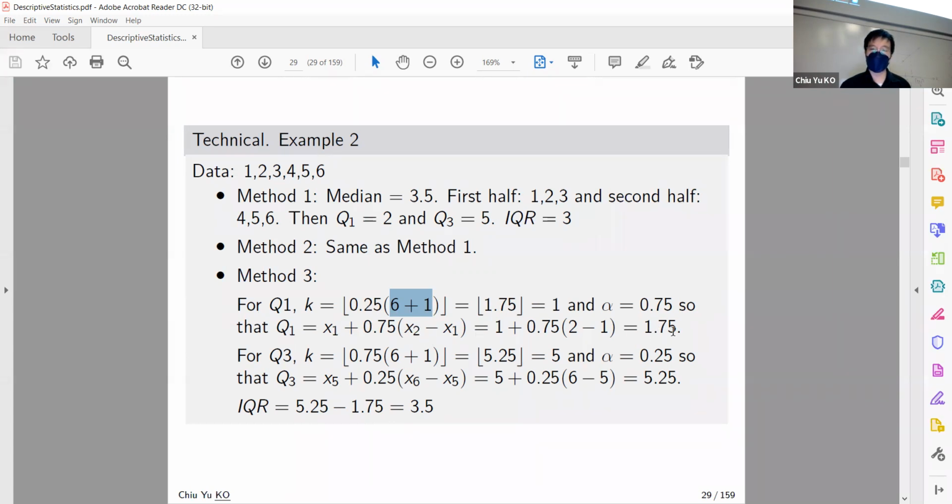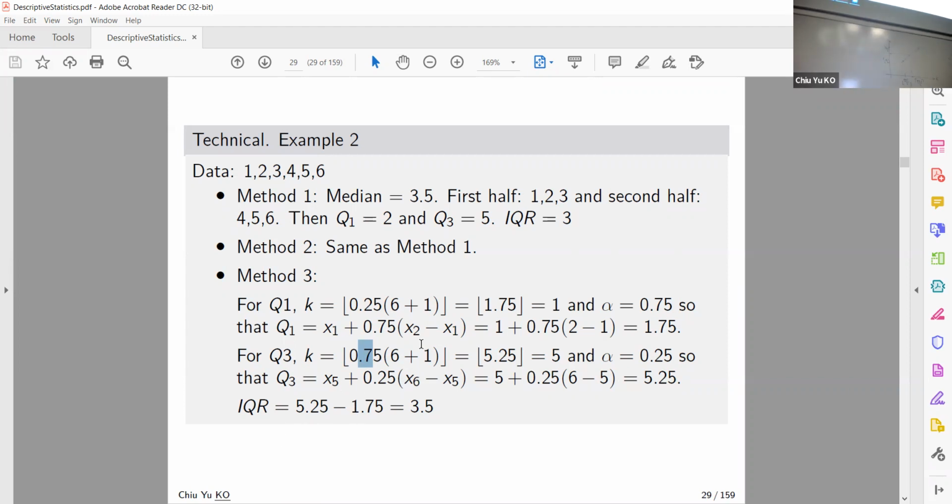So it's 1.75. Similarly, you have 7 observations times 3/4, which is 5.25, which is 5, and then what you drop out is alpha, the decimal places, which is 0.25, and this is x5 plus 0.25 of the distance, which will be 5.25. And at the end you calculate the IQR, which is 3.5, okay?